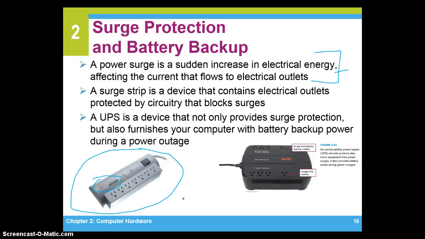A good layman's barometer for how good the surge protection is, is that they usually warranty your hardware. It'll say, this surge protector, we warranty $500 worth of your hardware. So if something happens to it, they'll replace $500 worth of your hardware, or $1,000 or $1,500. So look for that type of hardware warranty on the surge protection. And again, you can't go wrong with an APC.